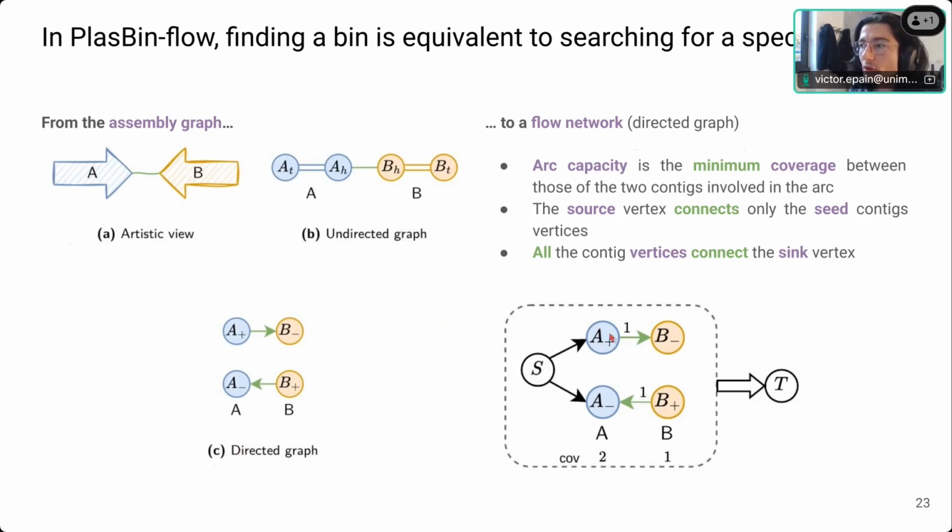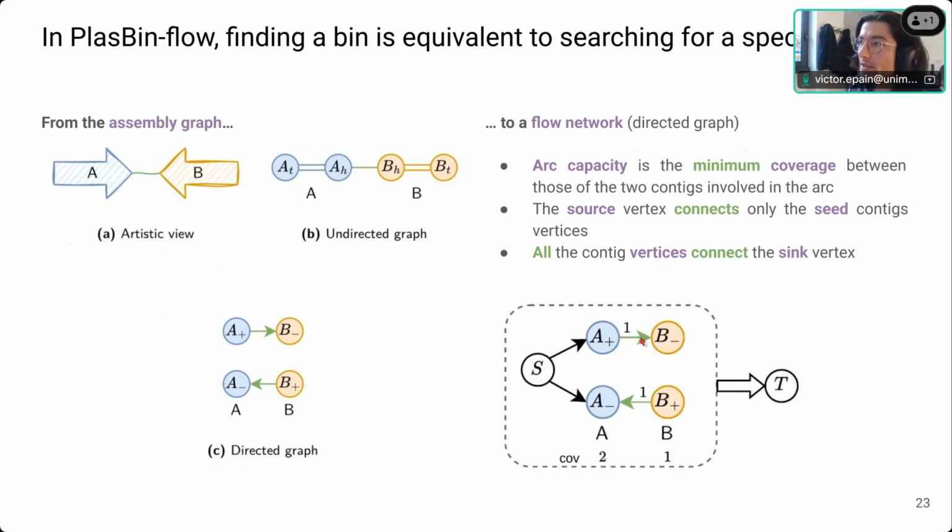So how to transform it to a network flow? You need a source and a sink, or a target. I will use sink. The source here is connected to only the seeds, and each vertex is connected to the sink. We need a capacity, a limit on the flow we can put onto the arcs.